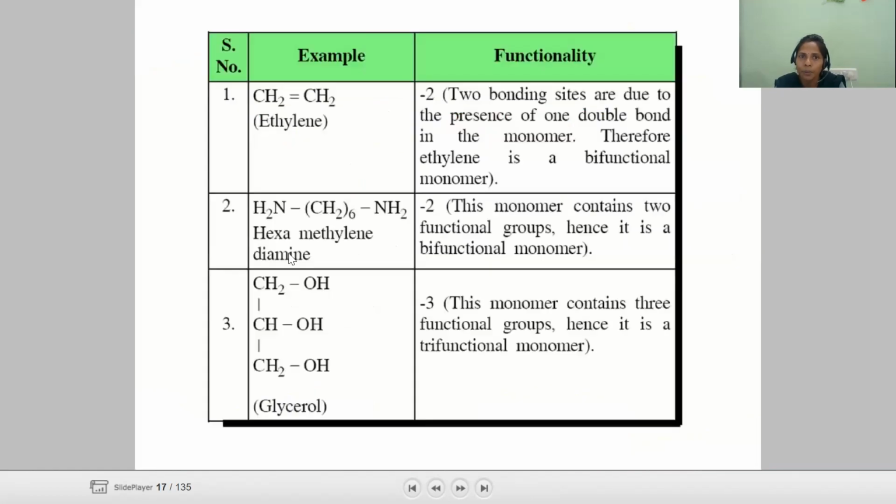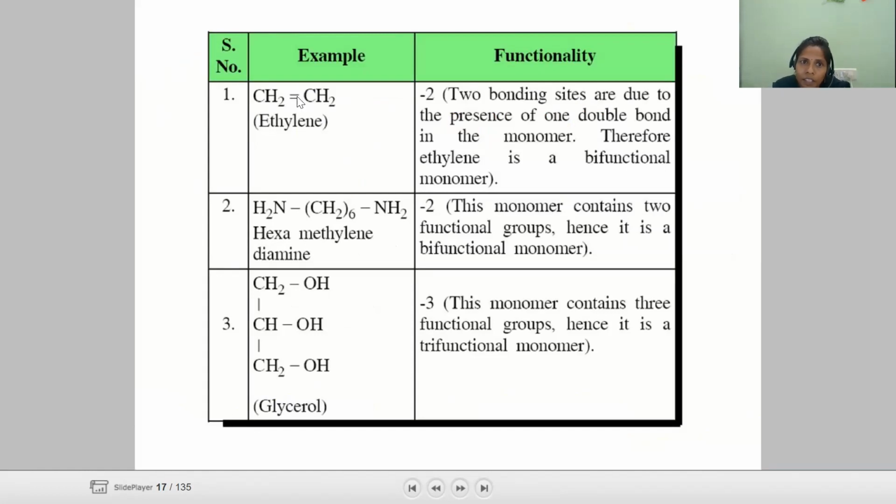I'll give an example to you. See here, in ethylene, the double bond is the active group here, because in the place of the double bond only the new monomer will be attacking.